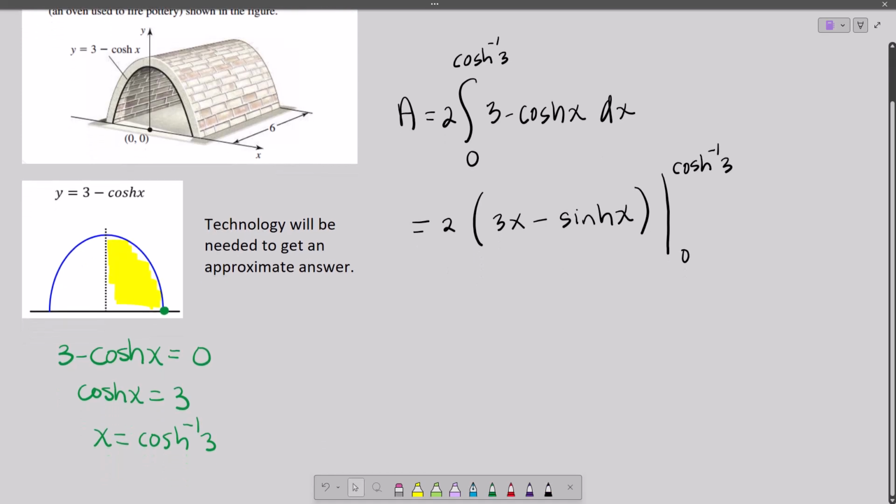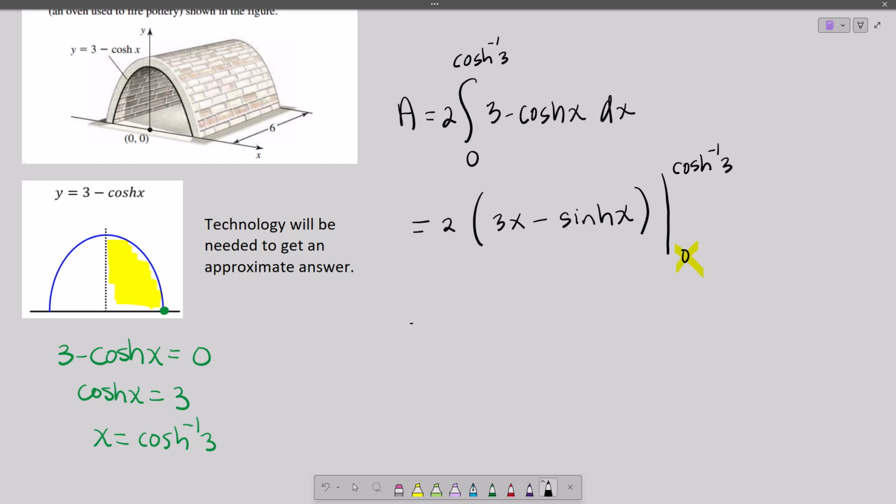So now, do you see that plugging in 0 is going to give us nothing? Certainly 3x is going to be 0 when you plug in a 0. But sinh at 0, remember the shape of sinh. It looks a lot like tangent. It sweeps right through that x-axis right at the origin. So that's the one value we know for sinh. Sinh of 0 is 0.